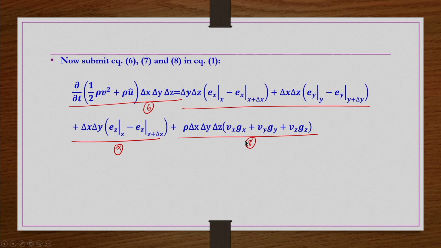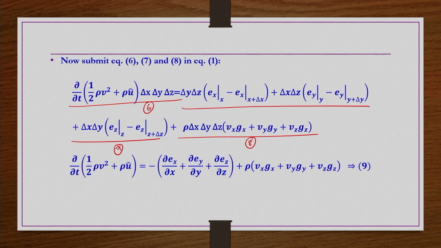Okay. Now, you divide both sides by delta x, delta y, delta z, and then take the limit delta x tends to 0, delta y tends to 0, delta z tends to 0. Then you have dou by dou t of half rho v square plus rho u tilde equals minus of dou Ex by dou x plus dou Ey by dou y plus dou Ez by dou z, plus rho times Vx gx plus Vy gy plus Vz gz.